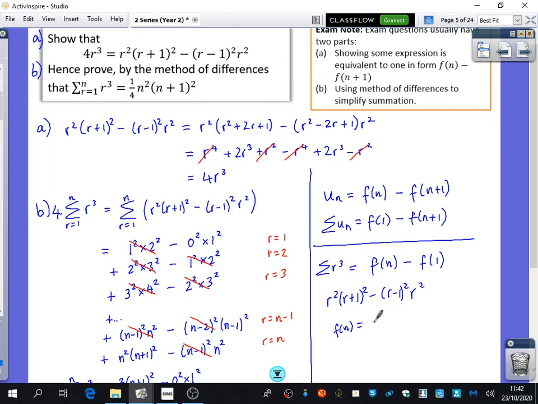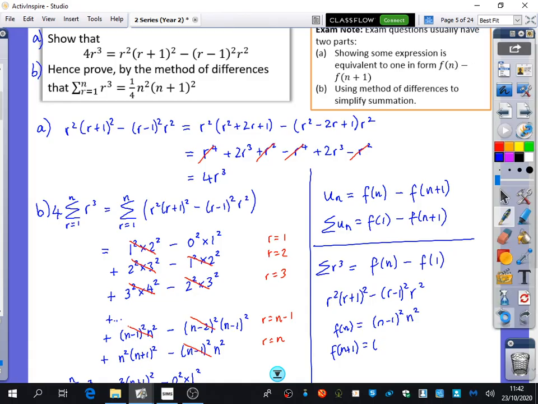I'm going to leave the minus for a second. I would say it is n minus 1 squared, n squared. And then f of n plus 1, well, if I substitute n plus 1 in here, I would have n squared, and then n plus 1 squared that I've got here.